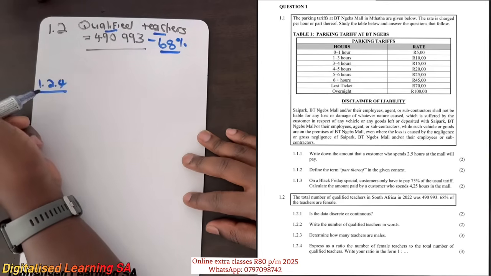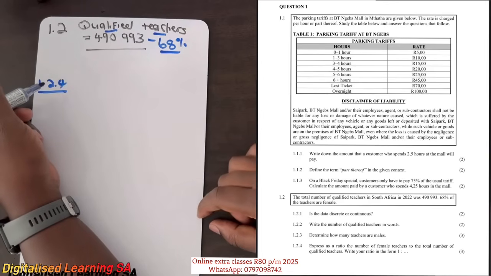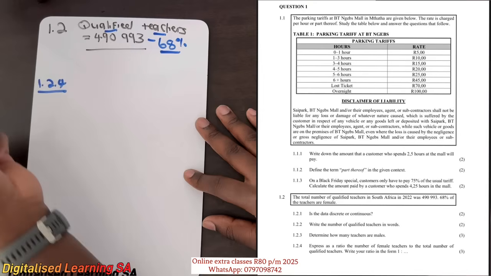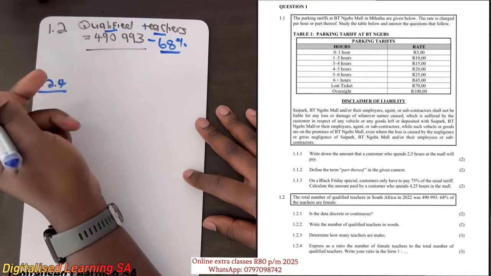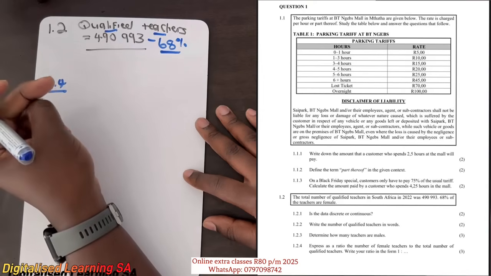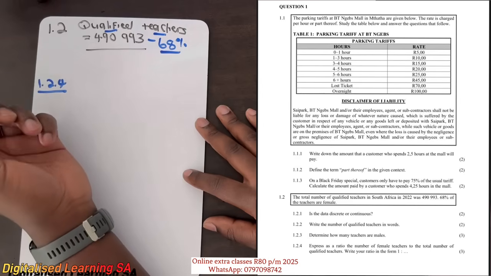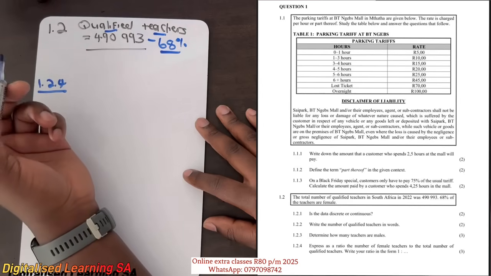So now let's go to question 1.2.4. So question 1.2.4 says that express as a ratio the number of female teachers to the total number of qualified teachers. Write your ratio in the form 1:2. Okay, so we are told to express our ratio in the number of qualified teachers, but we haven't calculated the number of female teachers.